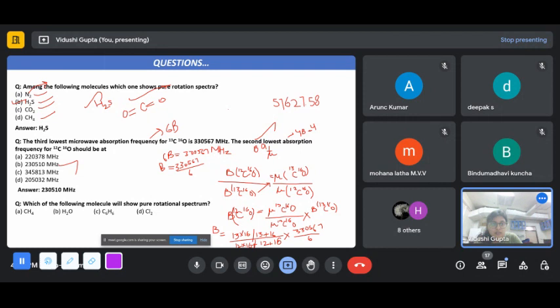So now for the second lowest it's 4B, just multiply this by 4, and after that you will get this value, 230510. Is it clear? Yes. Okay.